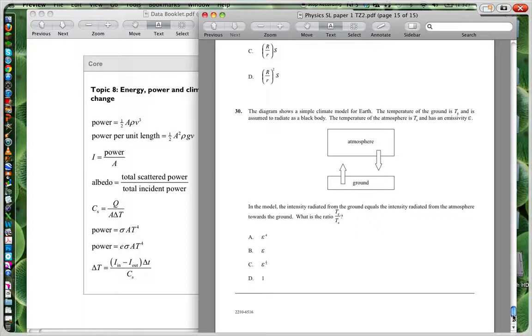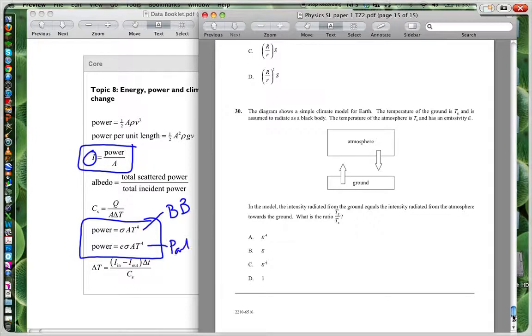So what we need to do is look firstly, we're going to be using this formula over here, because this I here is the intensity and here you have power, and we're going to be using these two formulas over here. Now this is for a black body where you're getting a perfect emission, and this is for a partial black body where you're getting your emissivity there.